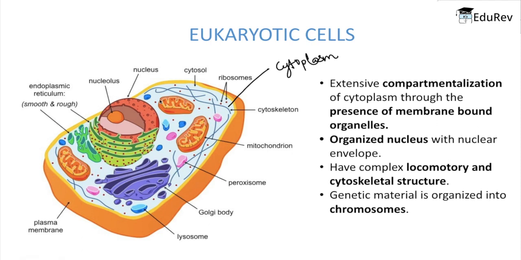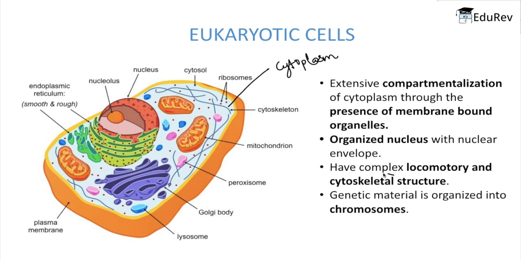You'll also find an organized nucleus inside the nuclear envelope, which is the speciality of the eukaryotic cells. And apart from the nucleus, they have complex locomotory and cytoskeleton structures.